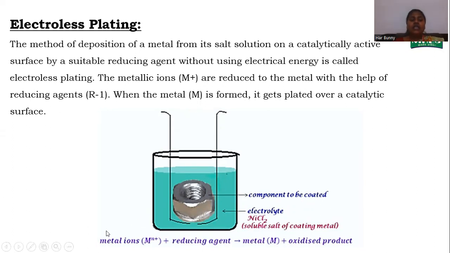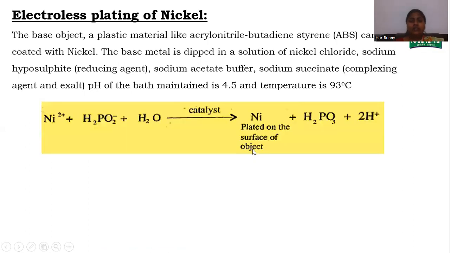So here in this process, the metal ions are going to react with the reducing agent and it forms metal, plus a protective coating on the surface of the base metal. Okay.